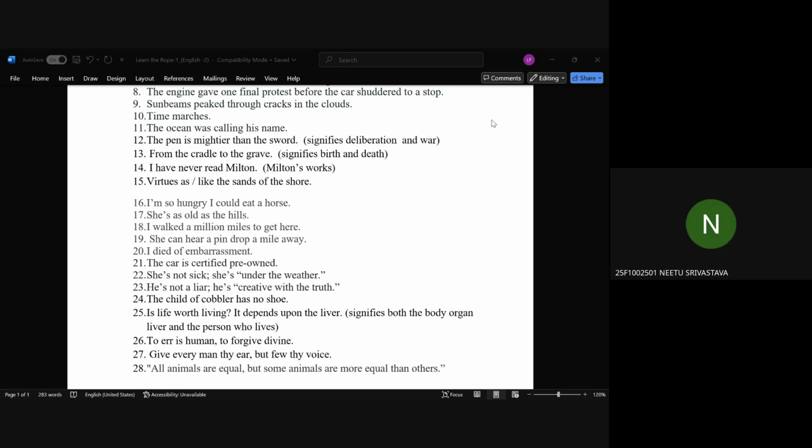Yes, there is a contradiction when you look at them as independent sentences. There are two opposing ideas put together. But if you read them as a whole, then they are true statements, right? So all animals are equal. But if that is true, then the other part, that some animals are more equal than others, should be false, right? So they're contradictory. But if you read them together, you know that this is a possible condition. It shouldn't be the case, but it definitely is very widely seen in society.